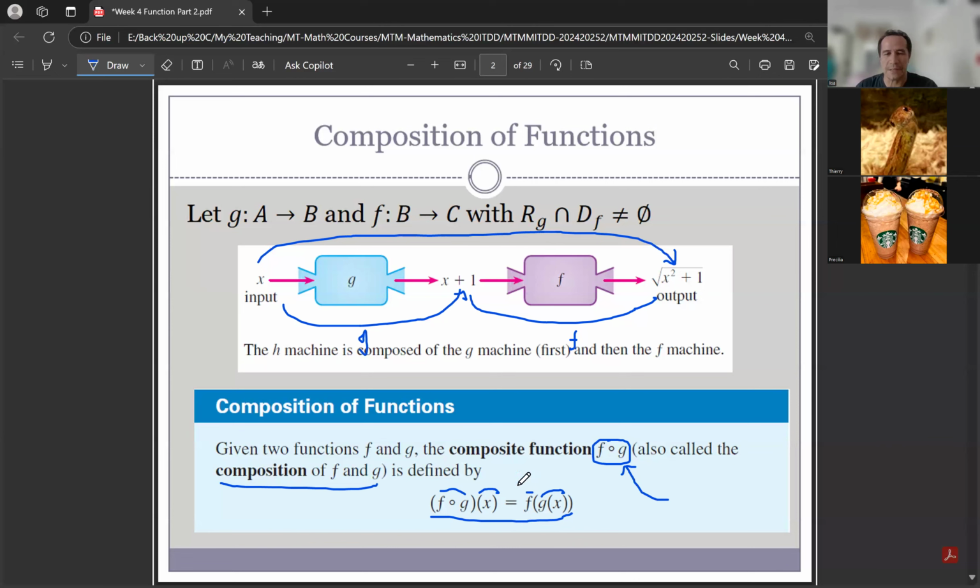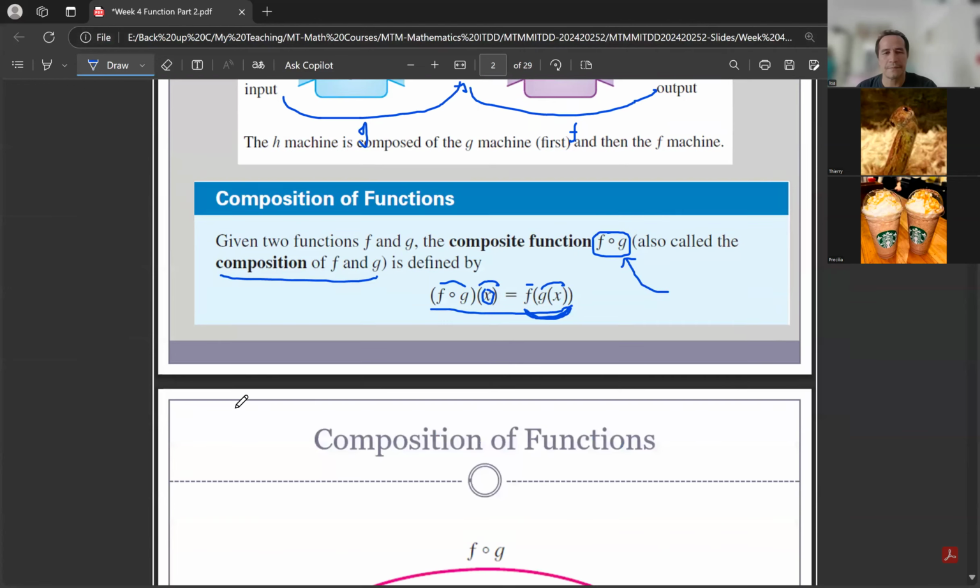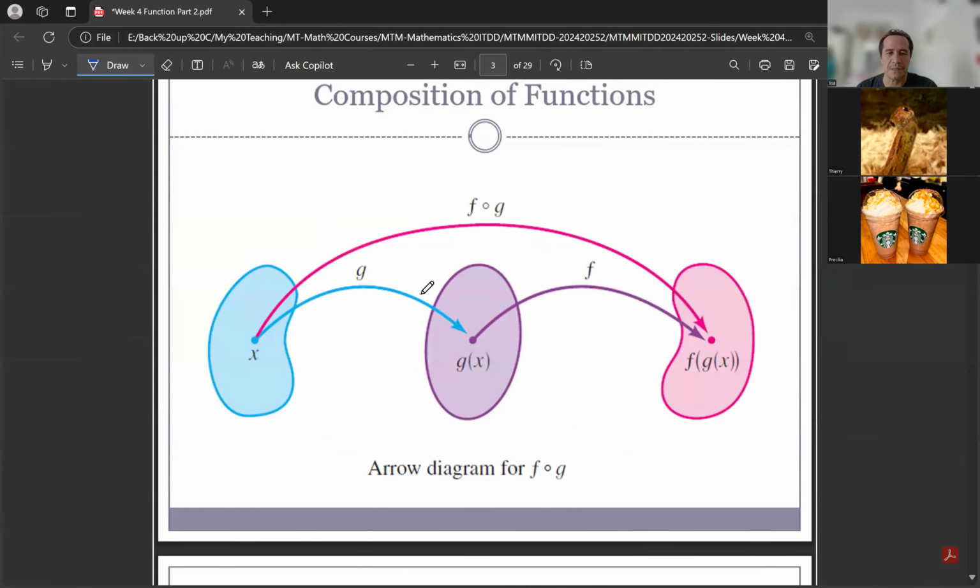The result of the composition of function from x comes from the two operations. Yes, to the next slide.